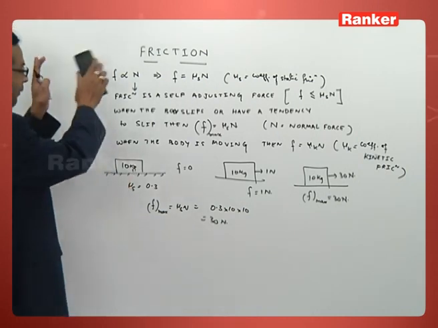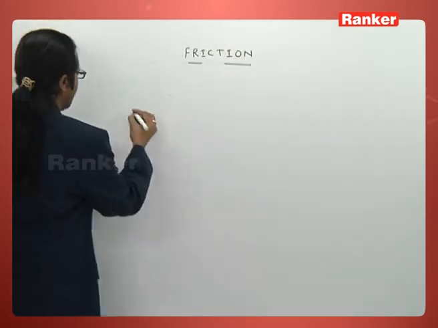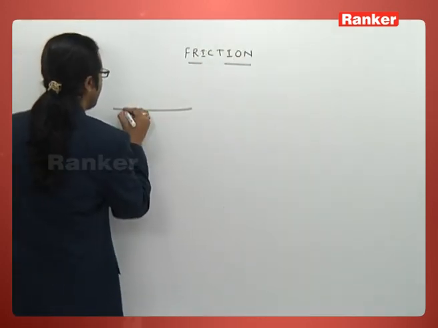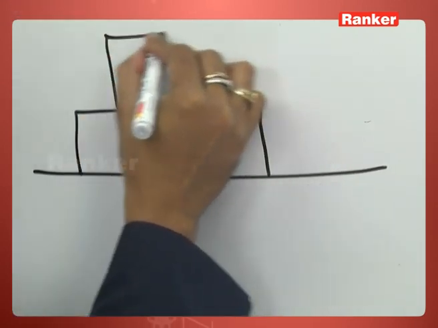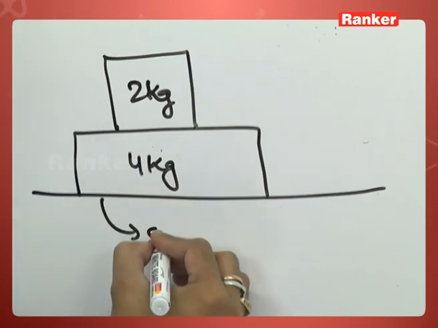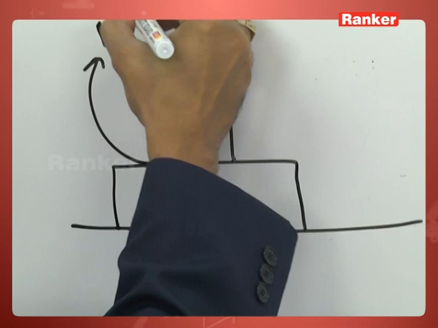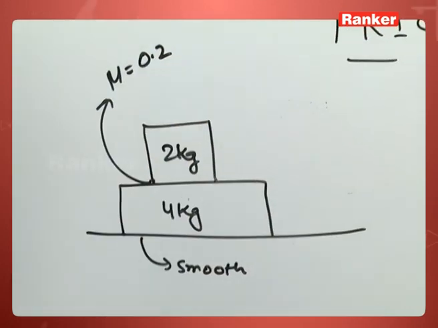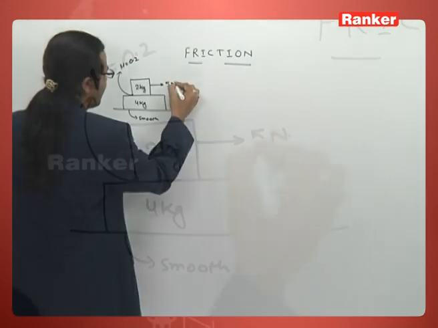Now let us involve all these concepts in a very simple way. Suppose this is the ground, this is 4 kg, this is 2 kg, here it is smooth, here I give you mu is equal to 0.2, and here I apply 5 Newton.